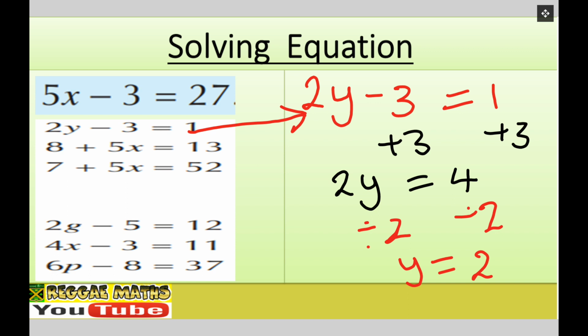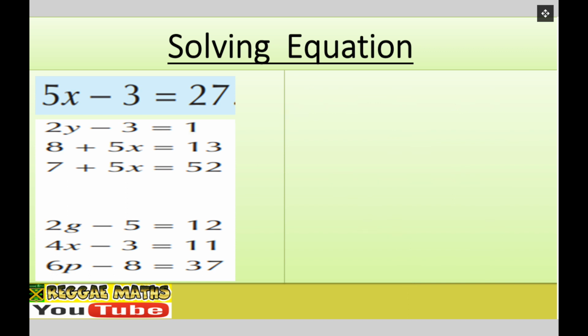Next question: 8 plus 5x equals 13. What I'm trying to work out here is x.